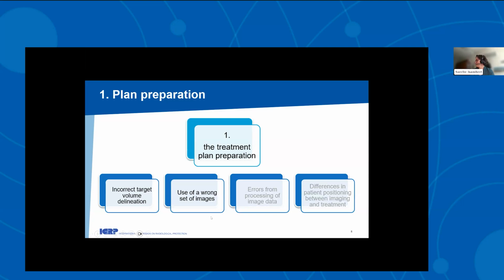Because I have only 10 minutes today, I will focus only on the first 2: incorrect target volume delineation and use of a wrong set of images.